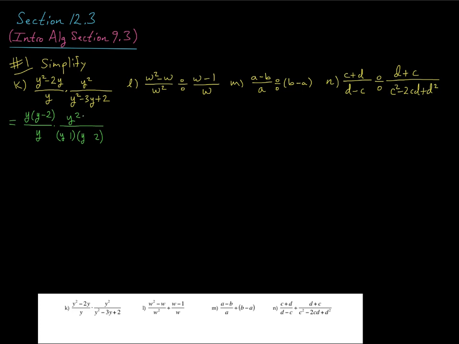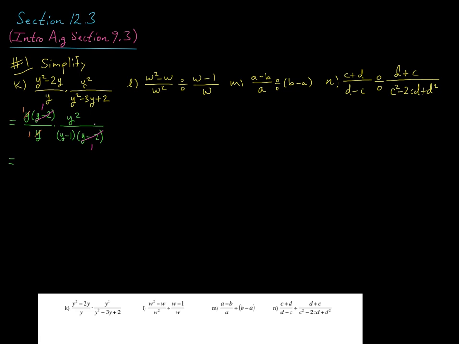And to get a middle term of negative 3, these will both have to be negatives. Now with everything in factored form, let's start doing some division. The y minus 2 here and here will divide out. And notice I have a y there and a y there, so this can divide out to give me a 1 and a 1.